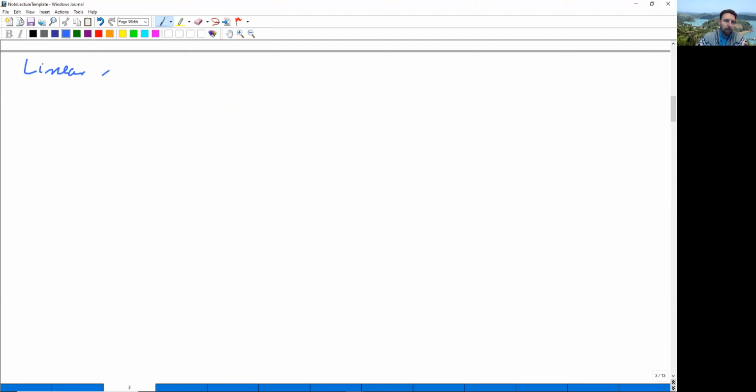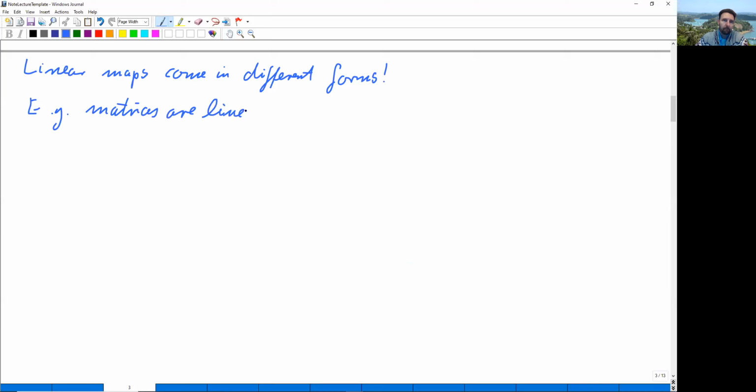Linear maps come in different forms. For example, matrices are linear maps. Why? Well, obviously, they map column vectors into column vectors in a linear fashion. So matrices are linear maps.